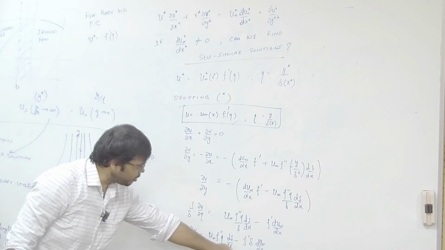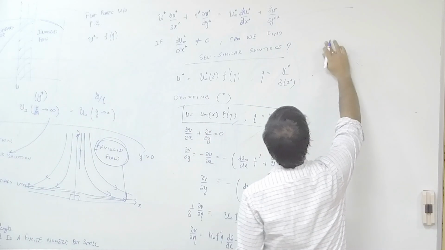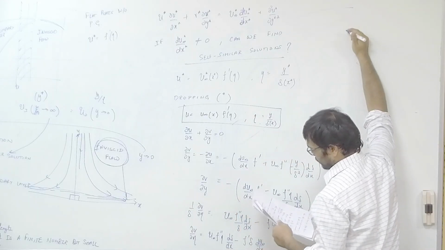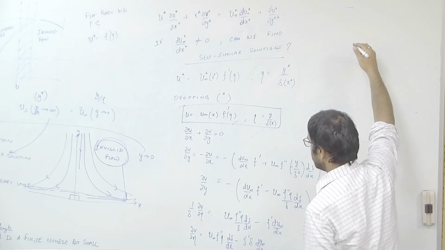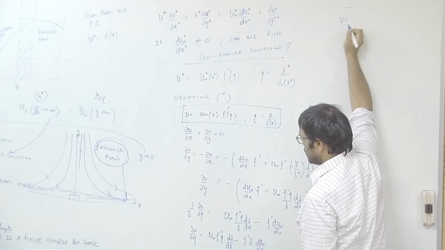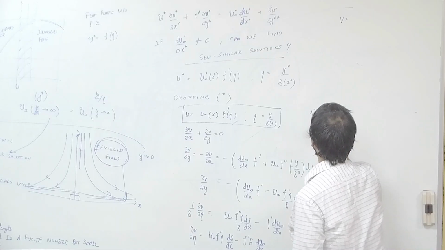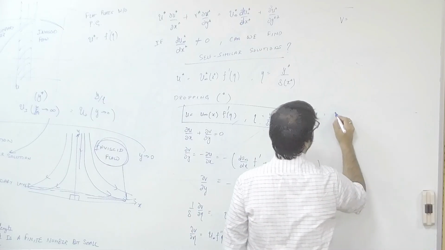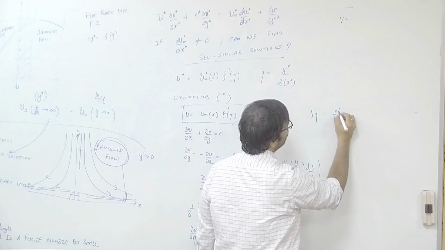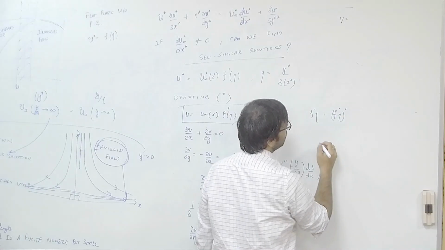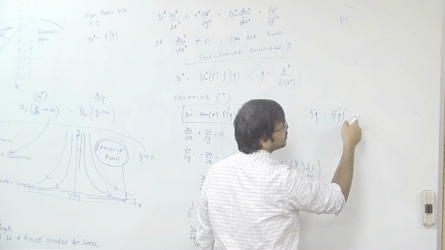So I can just perform this integration. What will I get when I perform this integration? So v is, so if you look at f double prime eta, it is nothing but f prime eta prime, which gives me f double prime eta plus f prime.